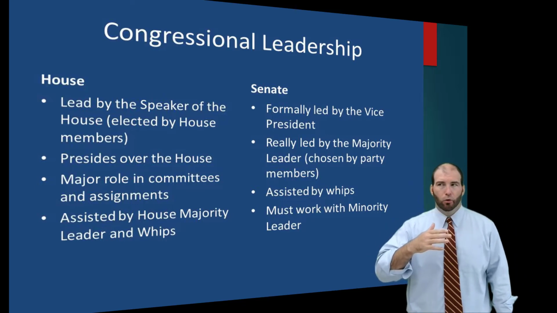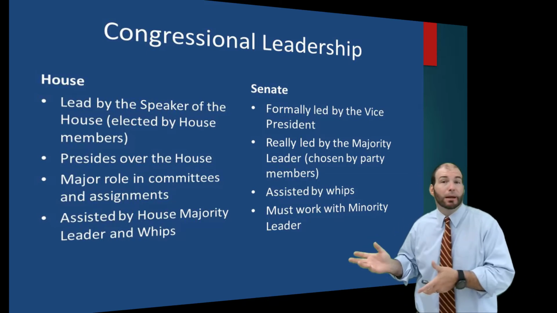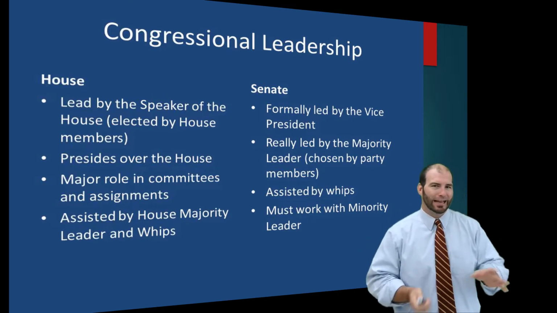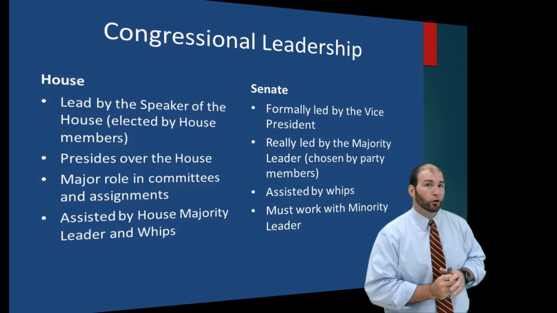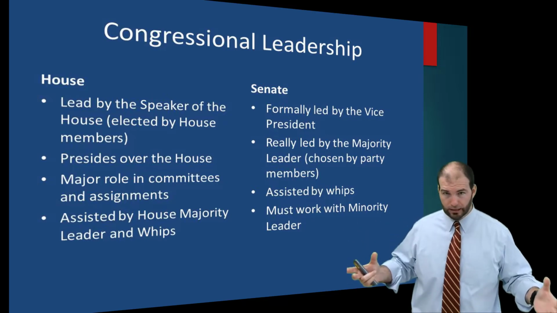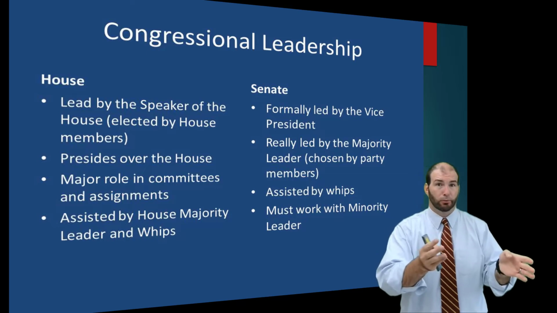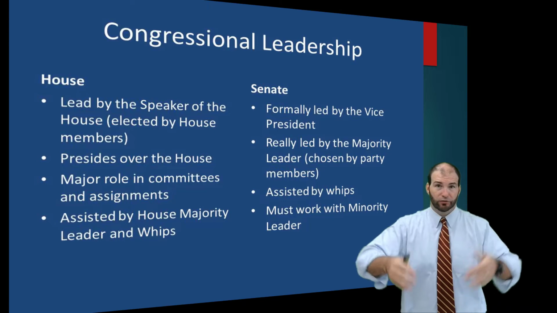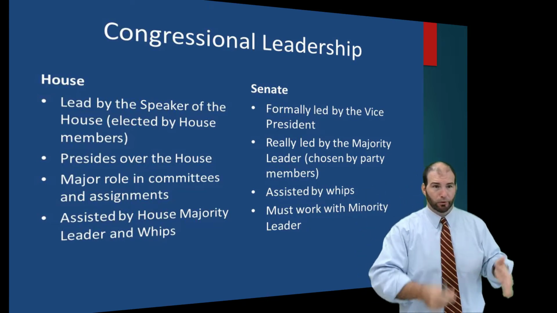Because America is a two-party system, there can be a third party, but the more we talk about how Congress is set up, you realize how difficult it would be for anything that's not a Republican or Democrat to have a lot of power. Whoever has the majority, say there are more Democrats than Republicans, then the Democrats are the majority party and the Republicans would be the minority, or vice versa.